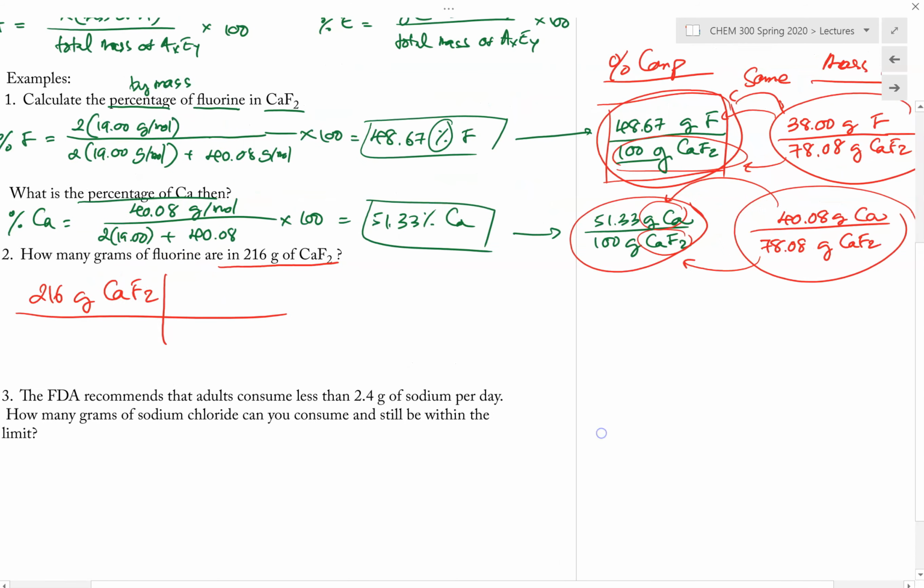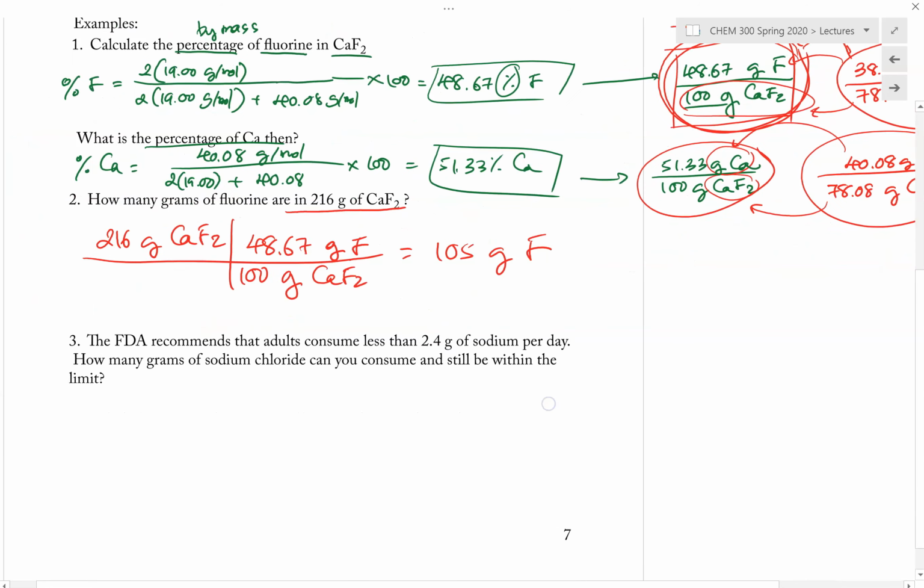First, I'm going to try solving this by using the percent of composition as the conversion factor. For every 100 grams of calcium fluoride, there will be 48.67 grams of fluorine. So that is how we use the percentage of composition of fluorine as a conversion factor. And this will then equal 105 grams of fluorine, rounding to 3 sig figs.